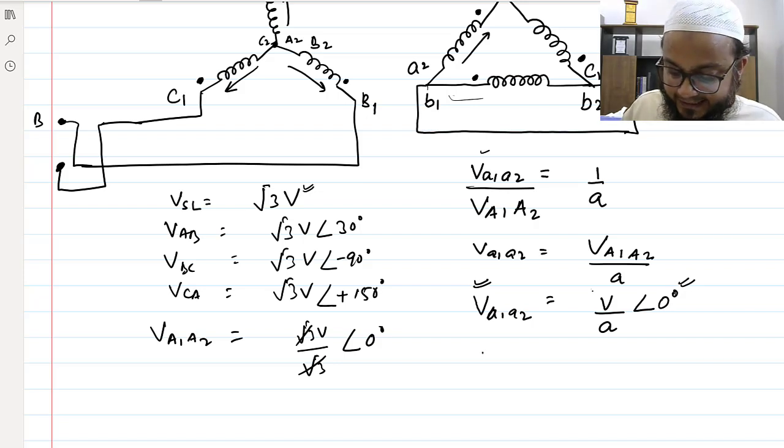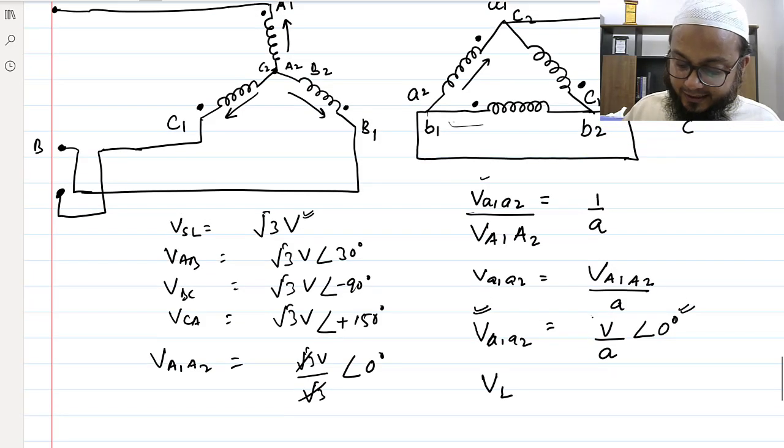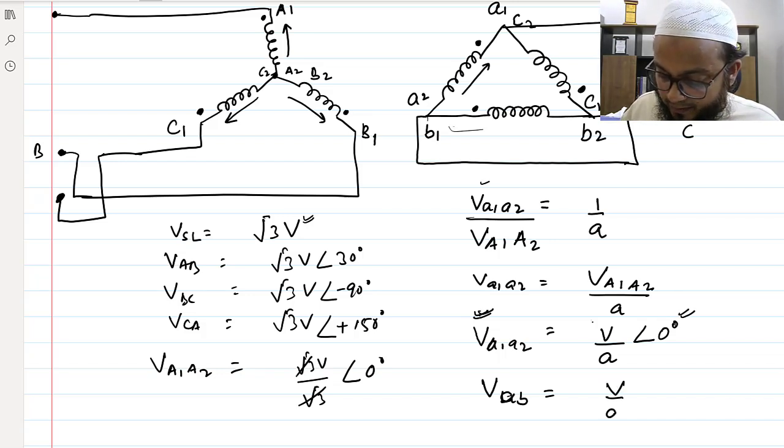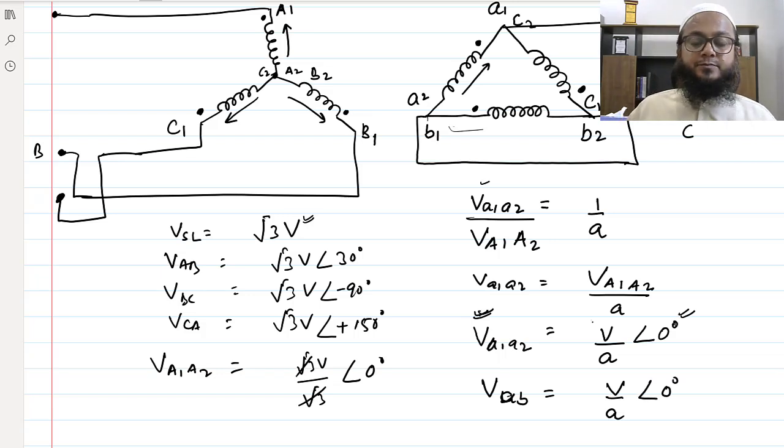So for the secondary side, the line voltage vab, this is same as this phase voltage, which is V by A at an angle 0, right?